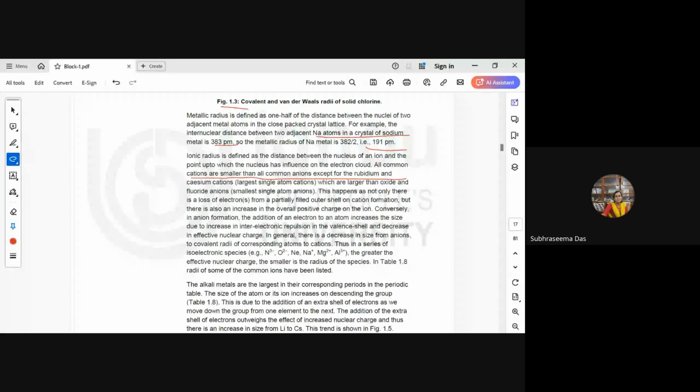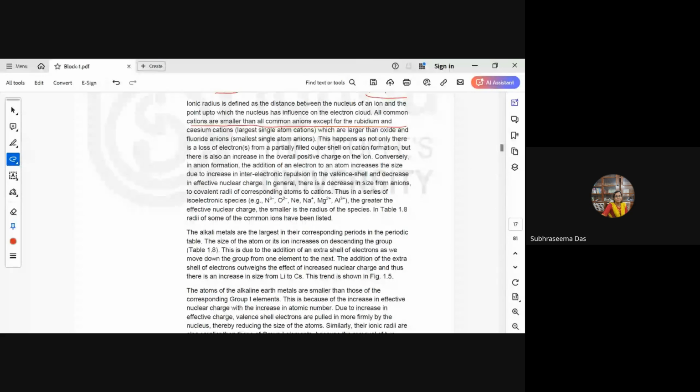So when we consider isoelectronic species such as N3-, O2-, Na+, the greater the effective nuclear charge, the smaller the radius of the species. That is, in general, there is a decrease in size from the anions, to the covalent radii of the corresponding atoms, to the cations.